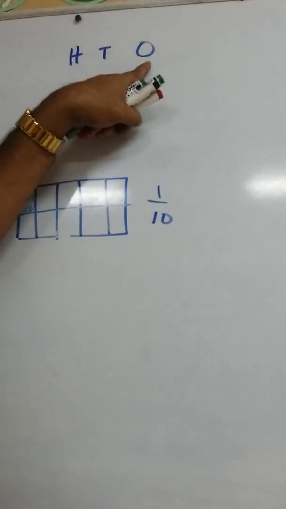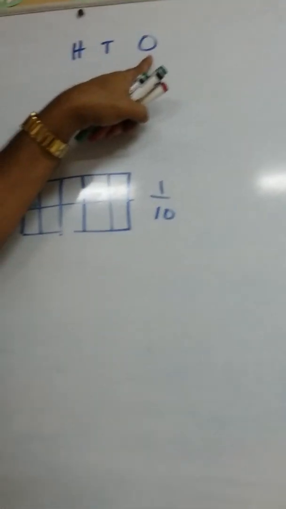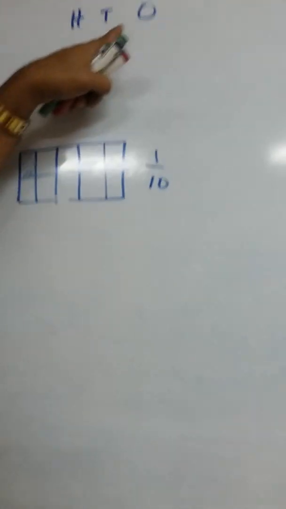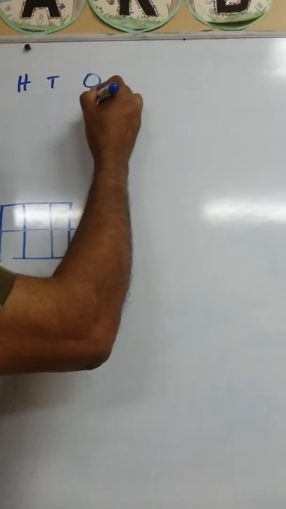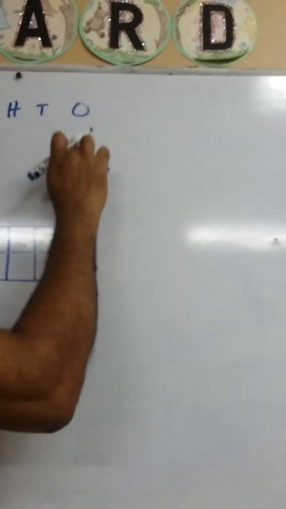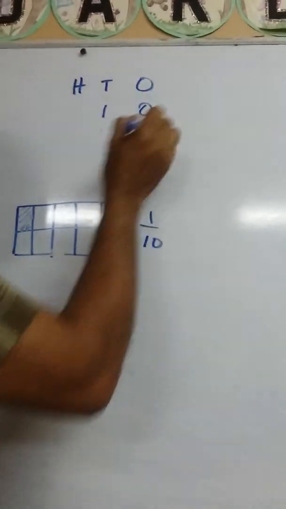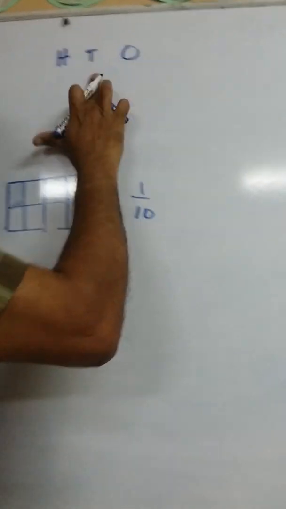This here is wholes. So if you had one whole, you place it here. If you have 10 wholes or 100 wholes, let's think of wholes in terms of a dollar. If you have $1, you'll put it here. But if you had $10, you put it there. 10 whole dollars. Okay?